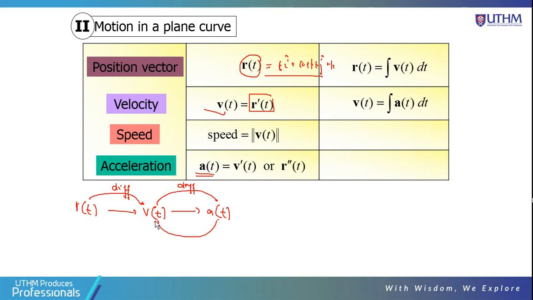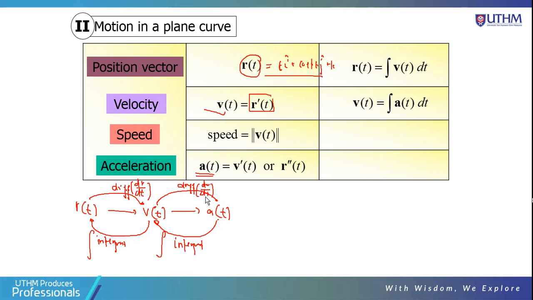So you integrate acceleration to get velocity, and you integrate velocity to get the position vector.